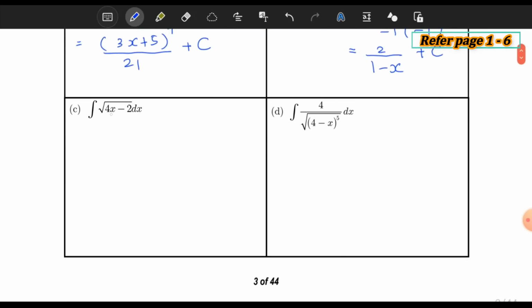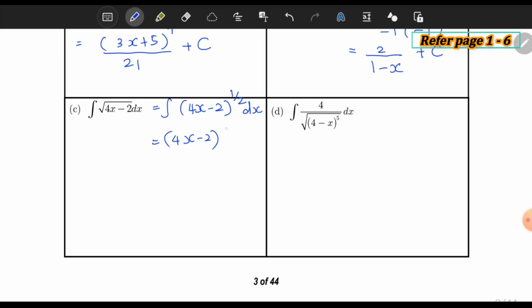Okay, next part C, integrate square root of (4x minus 2). This square root function can be written as (4x minus 2) power of half dx. Don't forget, with respect to x. Okay, so we have (4x minus 2).